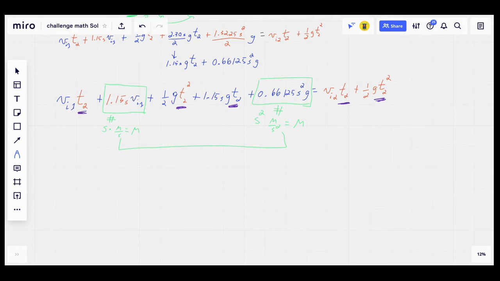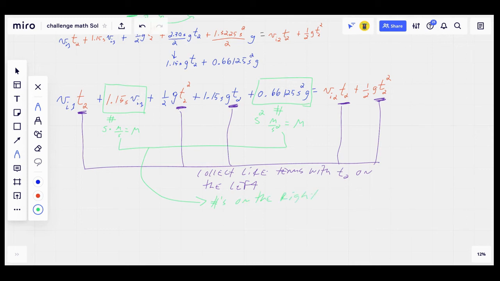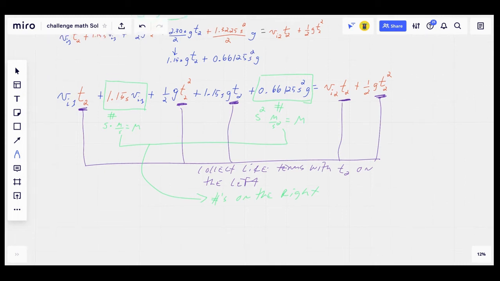All right, so what we got here, okay, so collect like terms with T2 on the left and numbers on the right of the equal sign. Okay, so let's do that.